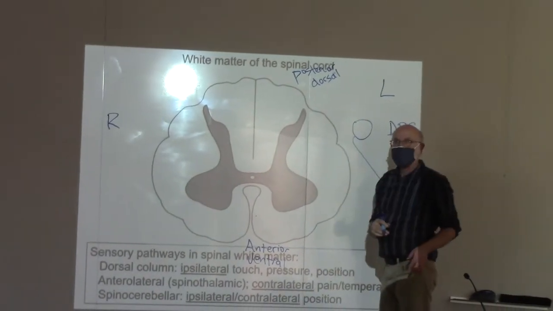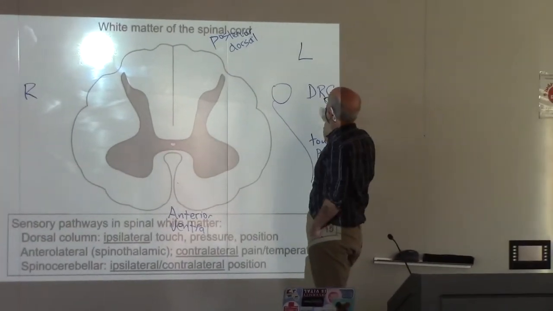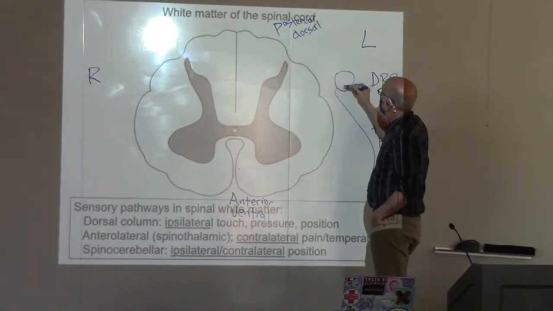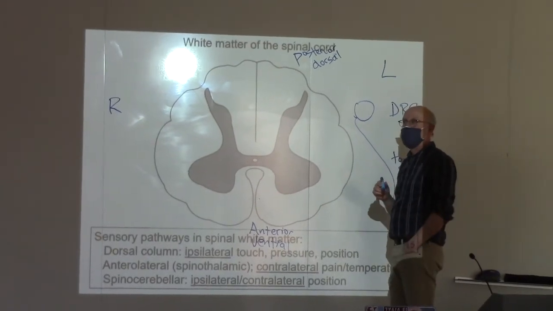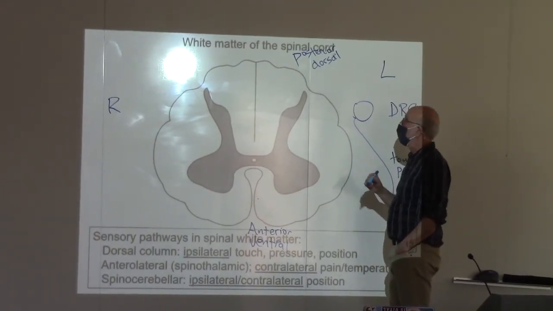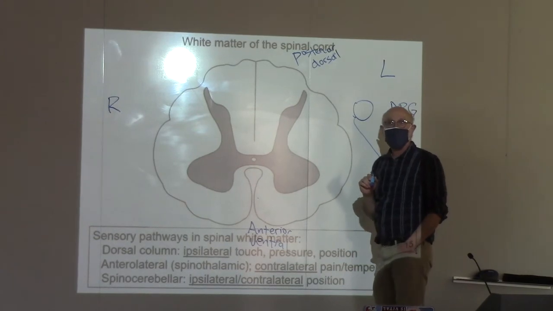Okay, getting oriented. Information from the left side of the body enters the spinal cord. Where? What structure? It's the name of the structure where it enters the spinal cord.